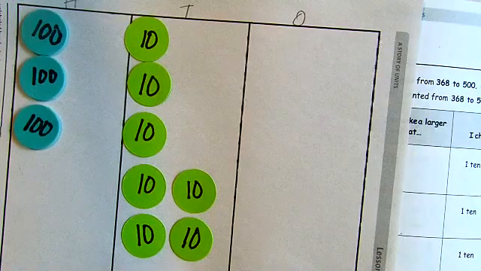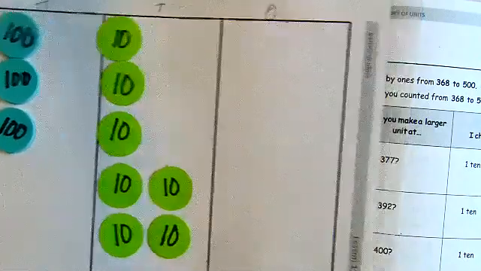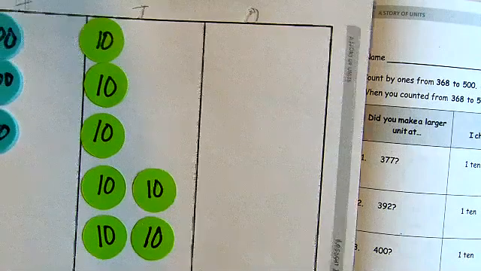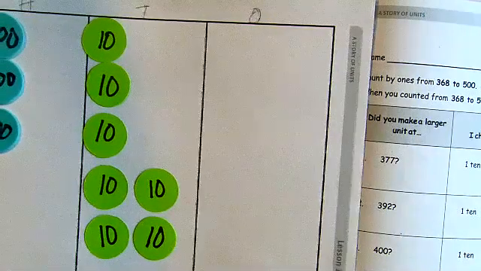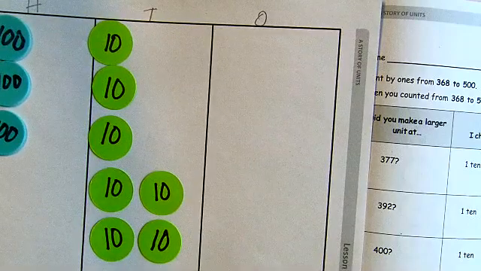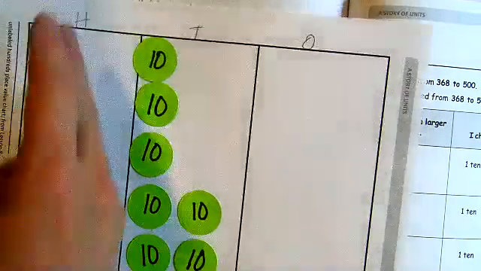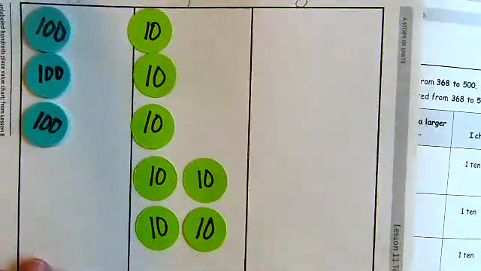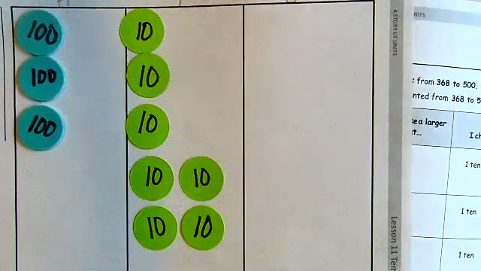Now, they would still like us to count up higher. So they want us to count by ones. So we are at 300s, 7 tens, 370, and now we're going to continue counting by ones.